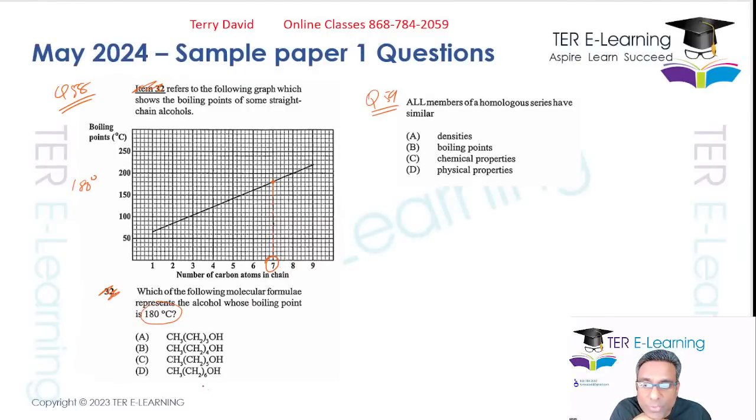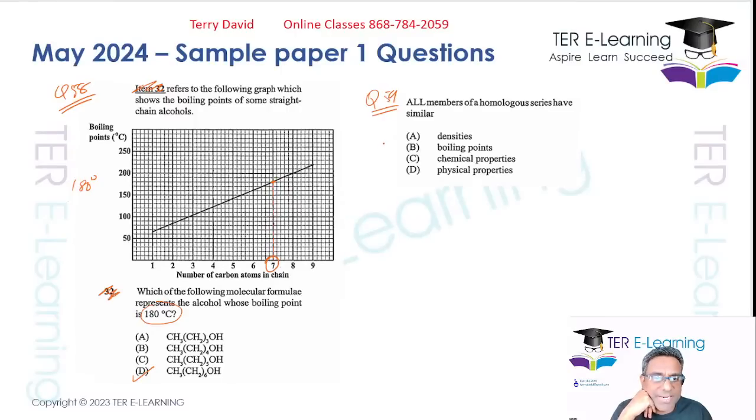So the only one that gives us that here is going to be D. D is the one that has 7. Right, so just remember, there's another version of this question here. I just realized that because my class asked me about this today. So there's one where the boiling point is 180, and there's one where the boiling point is 160.